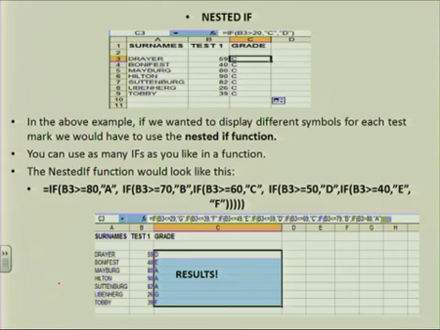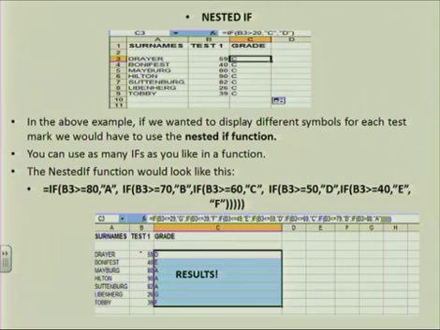Nested if allows you to insert more than one if in a function, thereby allowing you to have more than one result. So if we look at this example, if we had to use a nested if, we would be able to get different results for each percentage.